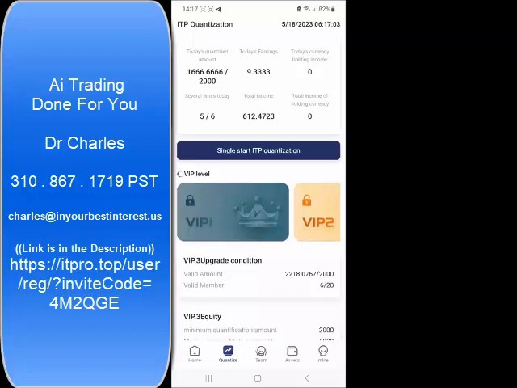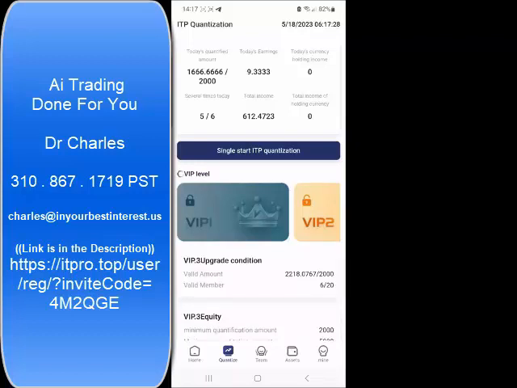So that is how much I've earned with that particular trade. I will earn the same amount on each of the 6 trades. If you look at the figure, it's gone from 6/6 to 5/6. So I've got 5 trades left out of my 6.